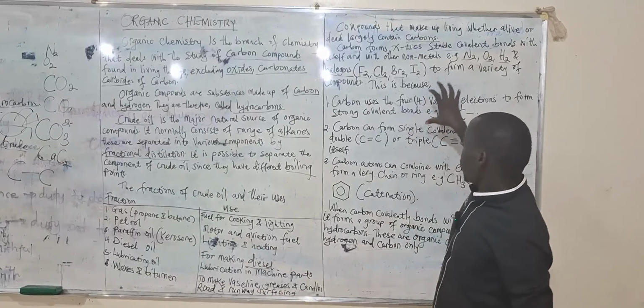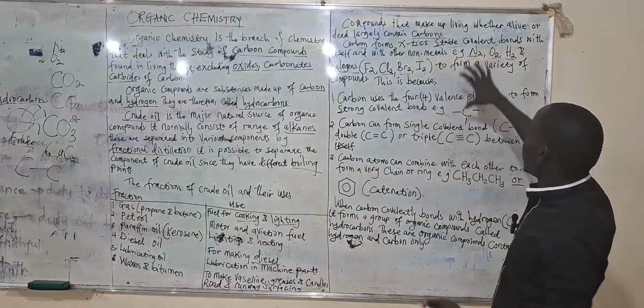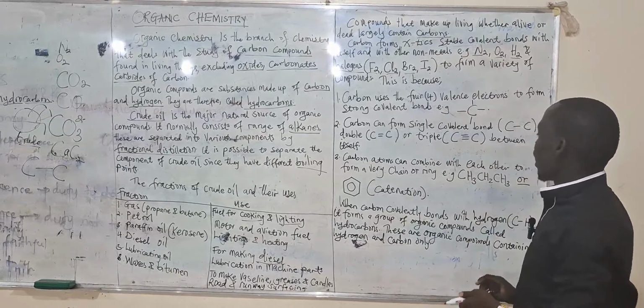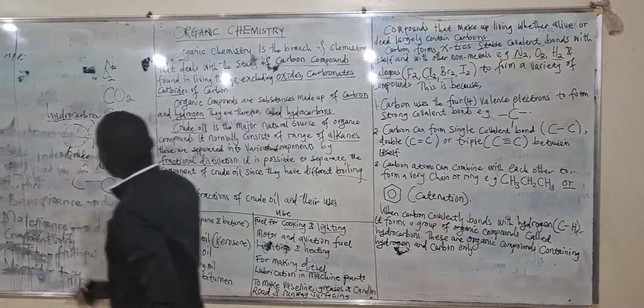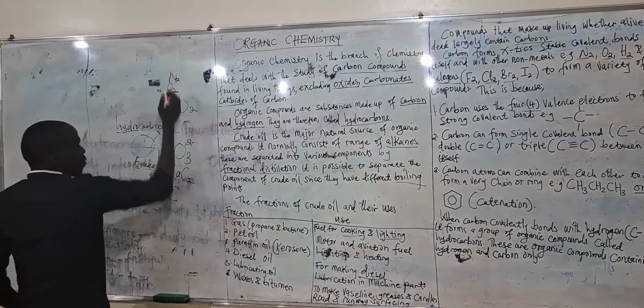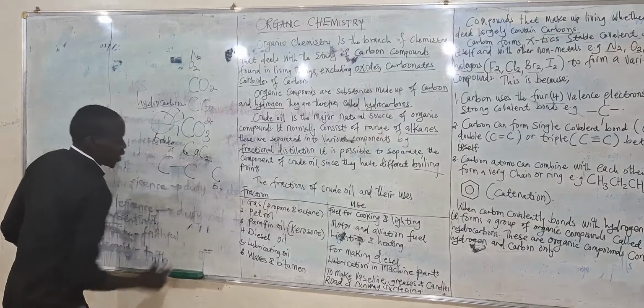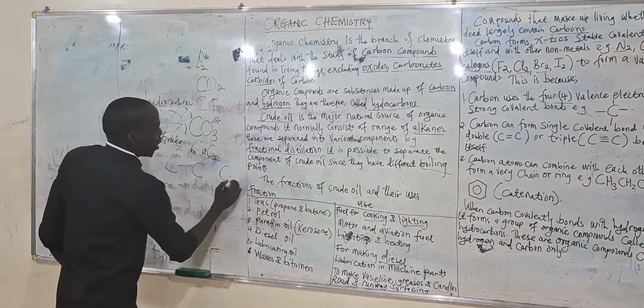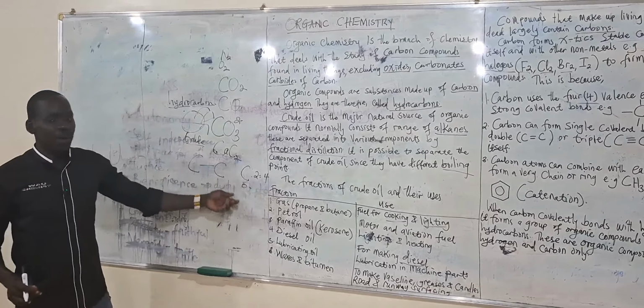Then at the same time, because of all these things, we have seen that carbon behaves in this way. Why? Because carbon has four valence electrons. From your inorganic chemistry, carbon has atomic number 6, and its electronic configuration is simply 2,4. So if I say 2 plus 4, I get 6.